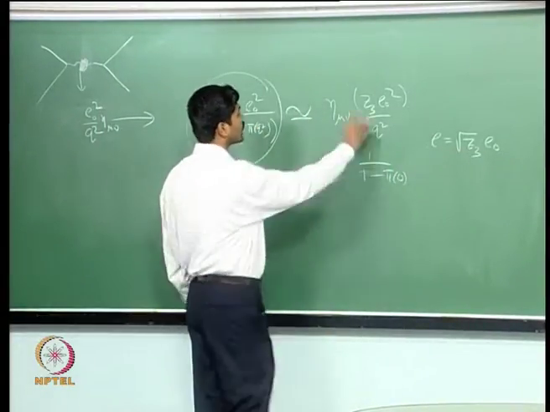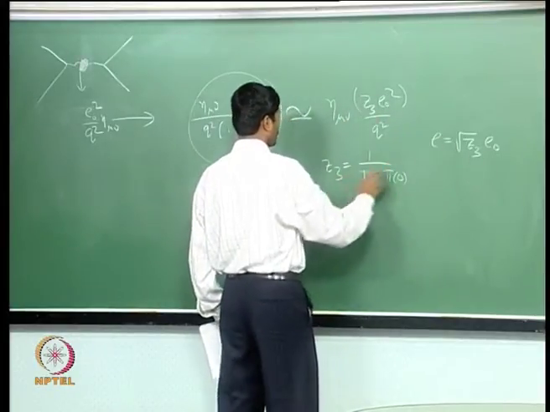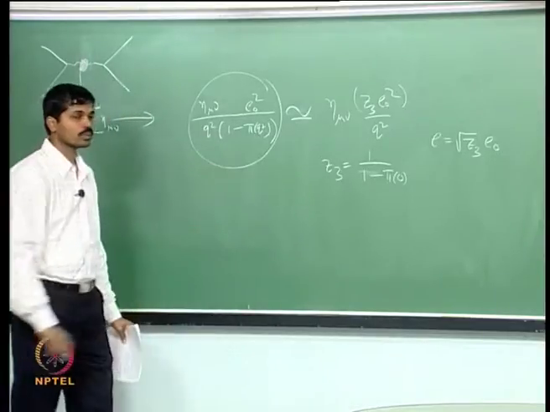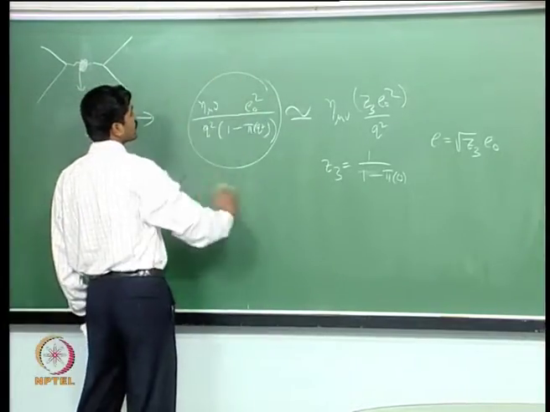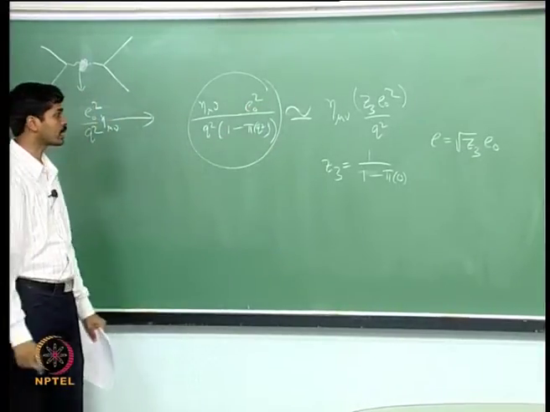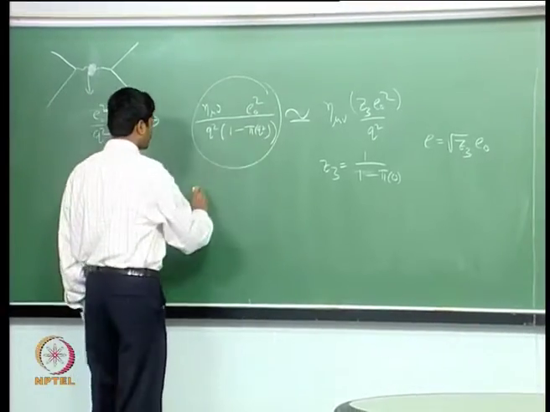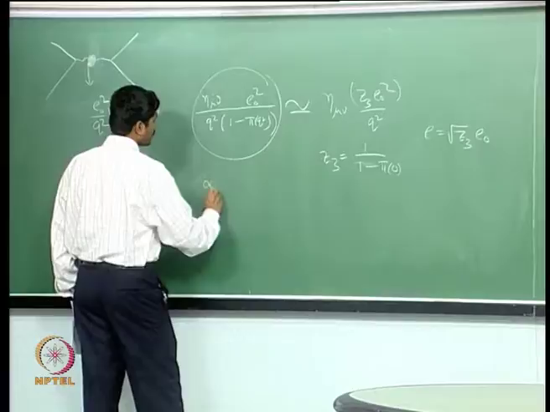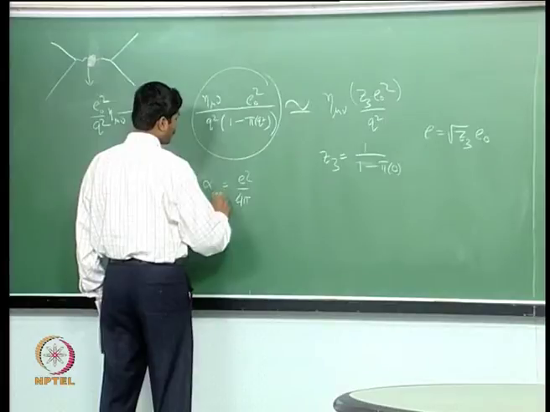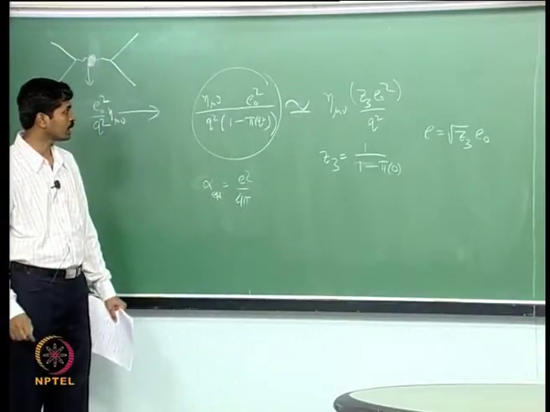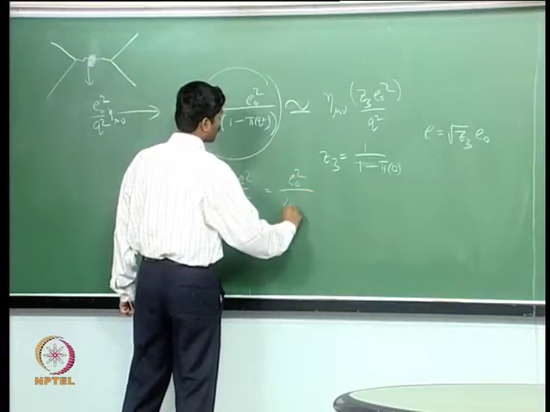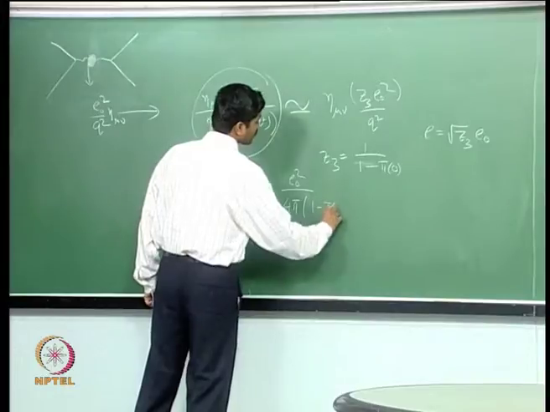So, this is what you will get when q squared is close to 0, but for any finite q squared you consider, this is the contribution that you get. So, effectively you have an effective charge of the electron which depends on q squared. If I denote alpha equal to e squared divided by 4 pi, then the effective fine structure constant is given by e0 squared divided by 4 pi times 1 minus pi of q squared.